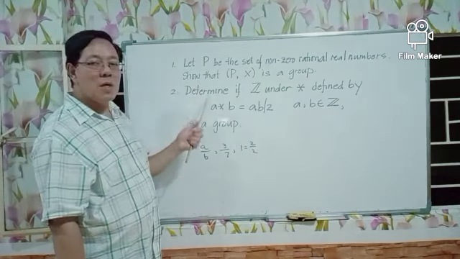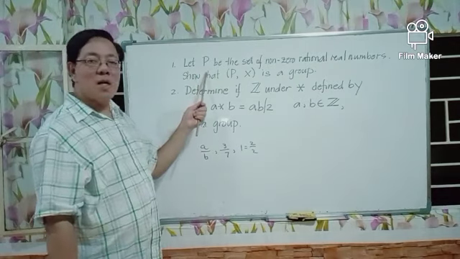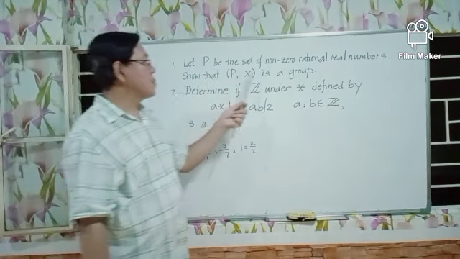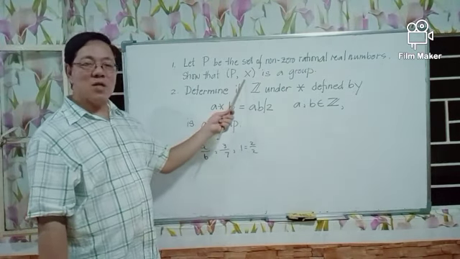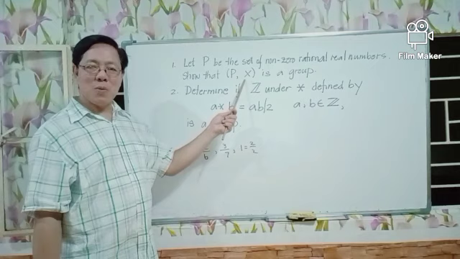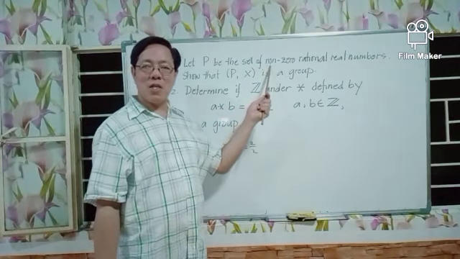And in number 1, you show that the set P of non-zero rational numbers under the operation multiplication is a group. It says P is a set of non-zero rational numbers.